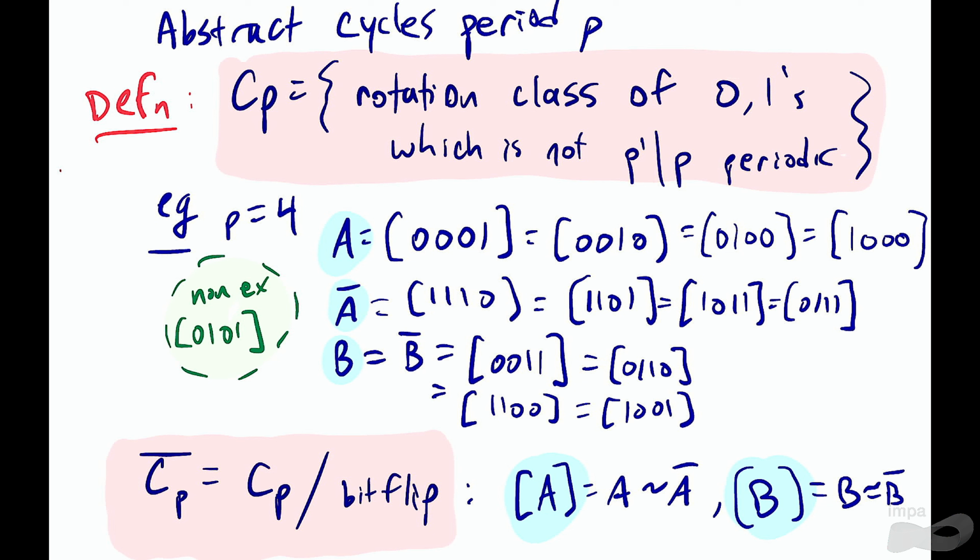Okay, so these ones we can call ramified. And then we're going to call C_p bar, which is just all of the C_p modulo bit flip. So in this case, now A and A bar are going to be in the same class of C_p bar, but they were different in C_p. And anything that was the same, so if B was equal to B bar already, those are still the same in C_p bar.